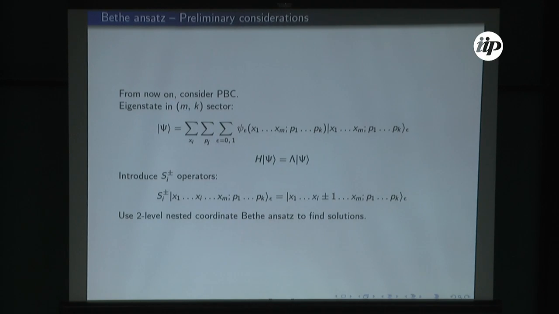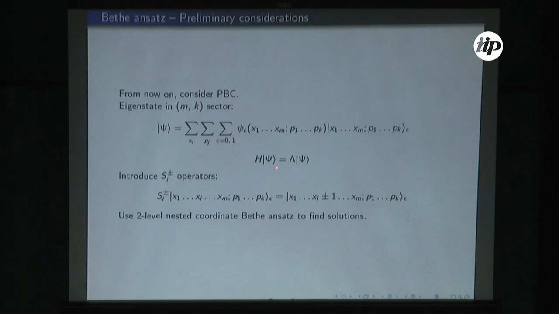So let's define our eigenstate set. These are all the possible vectors in a given sector, a given sector with m domain walls and k odd domain walls. And these are the wave function amplitudes. So this is the eigenvector, and this is the equation we want to solve.